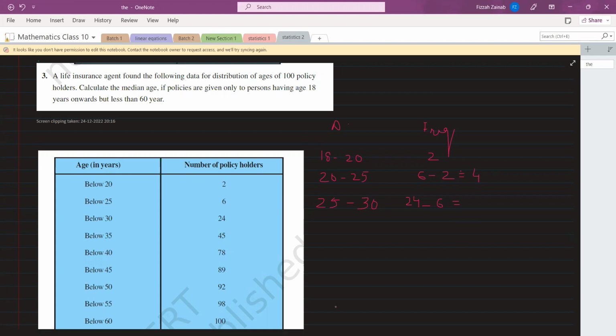Your last interval will be 55 to 60. Now please complete your table. The last frequency will be 100 minus 98, so the frequency will be 2. Completed. Then I'll ask the frequencies.